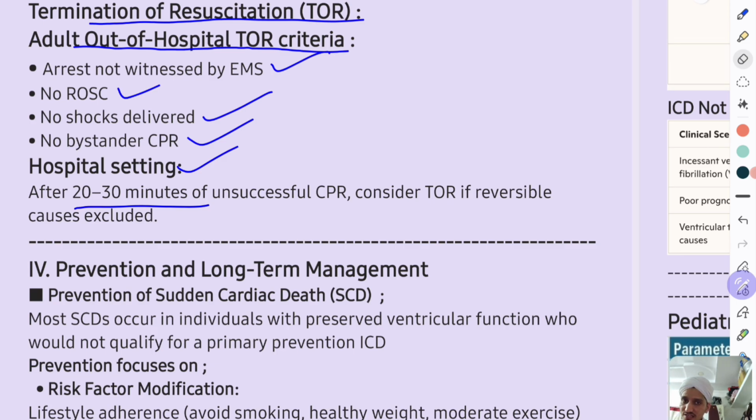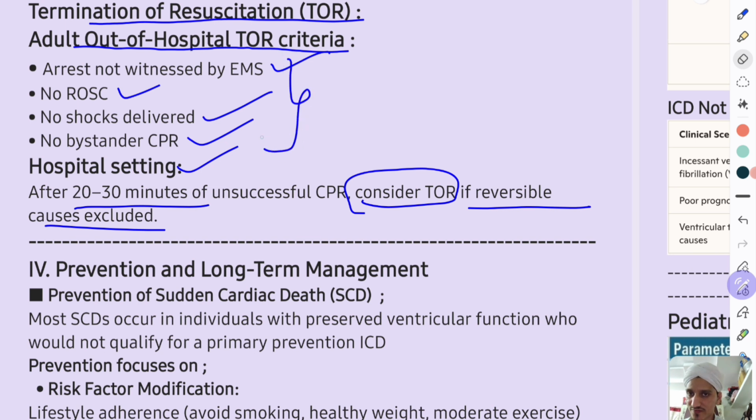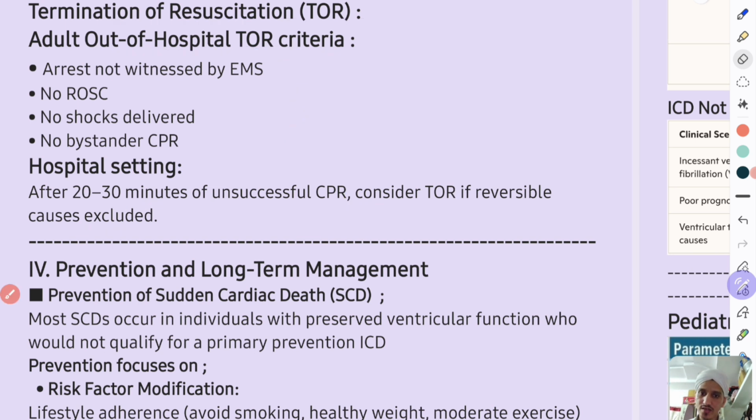If it is unsuccessful, consider termination if reversible causes are excluded. If there are no reversible causes and you have done half an hour of CPR, then terminate it after half an hour. So half an hour is in hospital setting. For out of hospital setting, these are 4 criteria to be fulfilled.